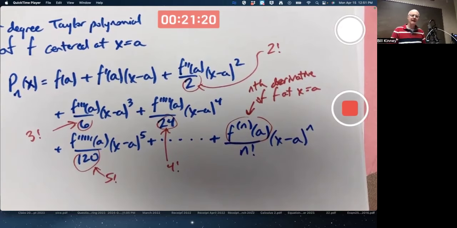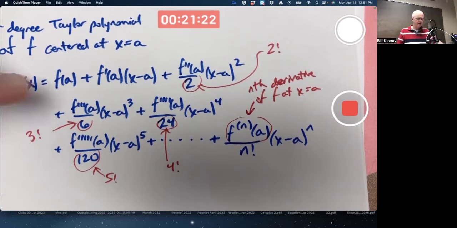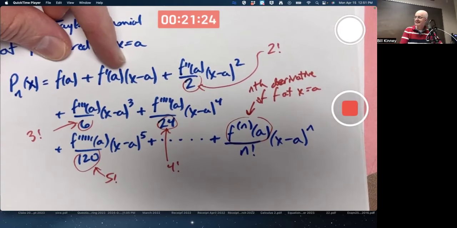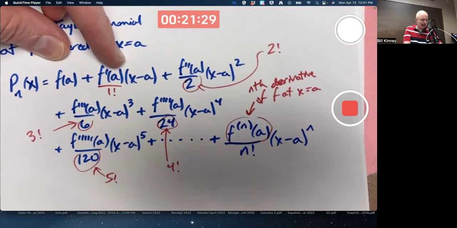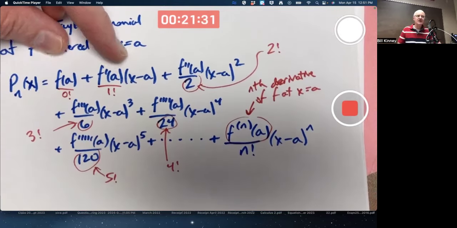But wait a minute, is this pattern really holding for the first 2 terms? Yes, it is, because 1 factorial is 1, and 0 factorial by definition is also 1.